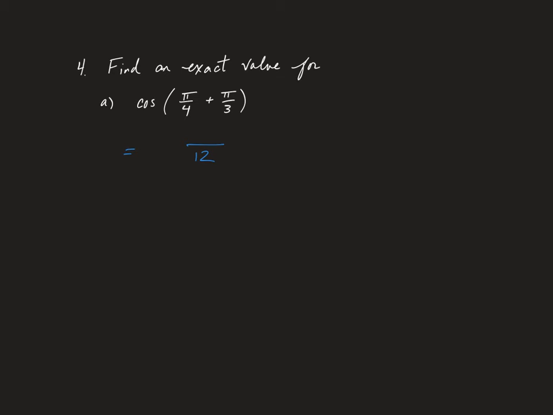So maybe I avoid trying to simplify the angle on the inside, but instead say, I know pi by 4 and pi by 3. Why don't I break down that compound angle so I can deal with those angles? So how do I break down a cos? It would be cos of the first times cos of the second, opposite sign in between, sine of the first, sine of the second.